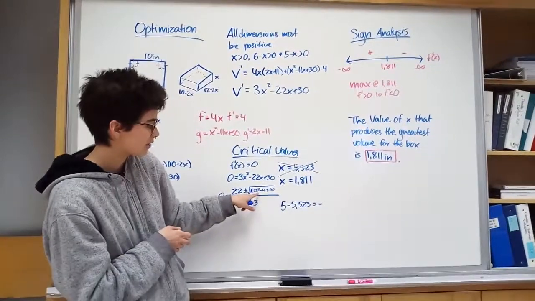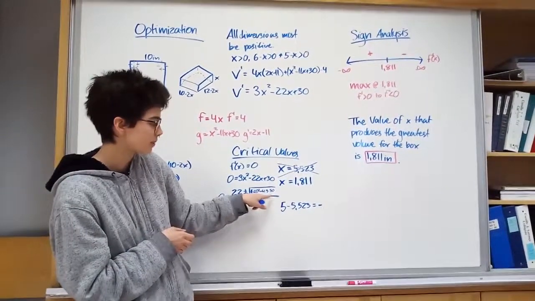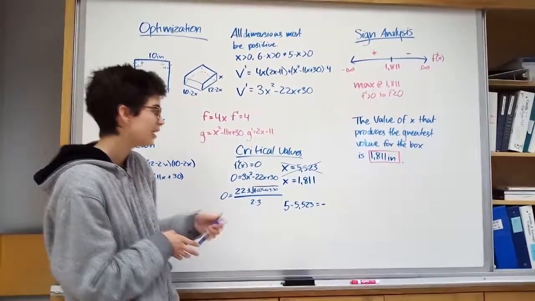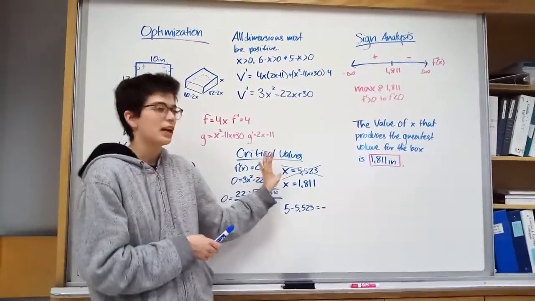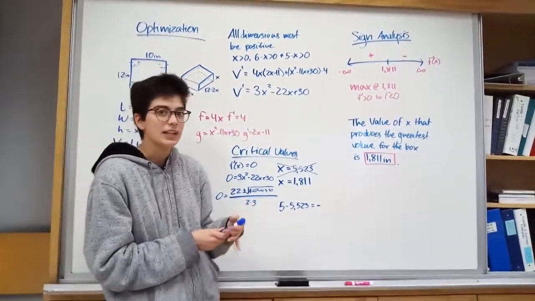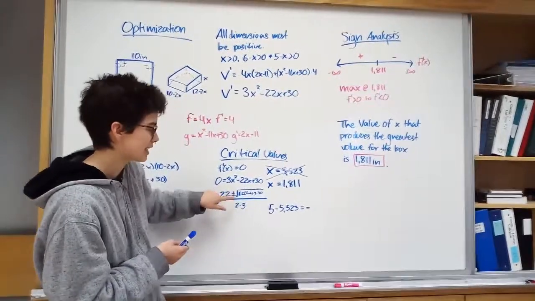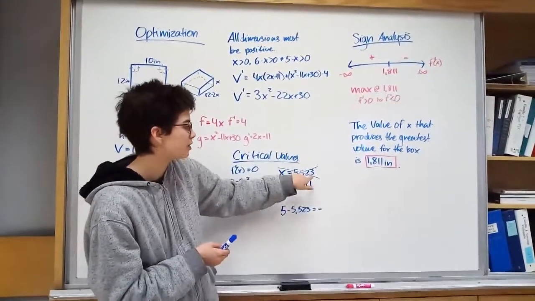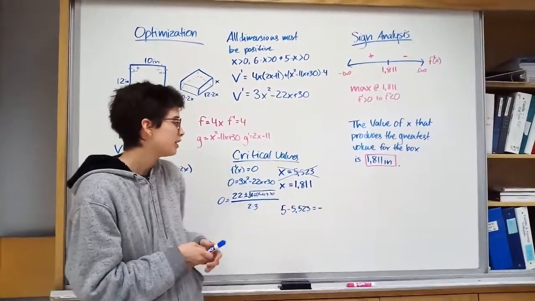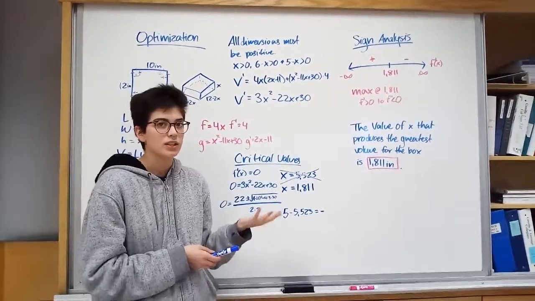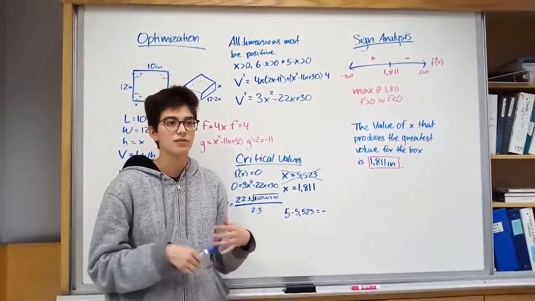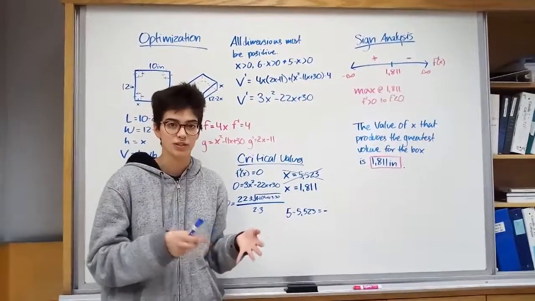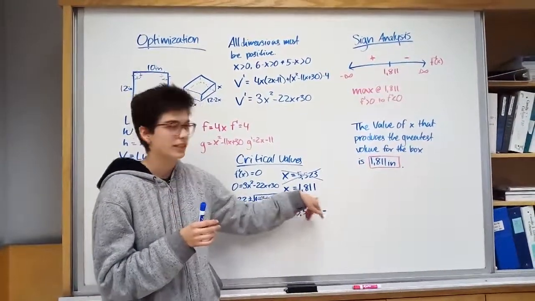So it's that negative 22 squared minus 4 times 3 times 30 divided by 2 times 3. Once you figure this out, we have our two values for the plus and minus, which is 5.523 and 1.811. I just didn't write the positive and negative ones because I want you guys to remember that if you can't figure it out using exact values, you just round to 3 decimal places.